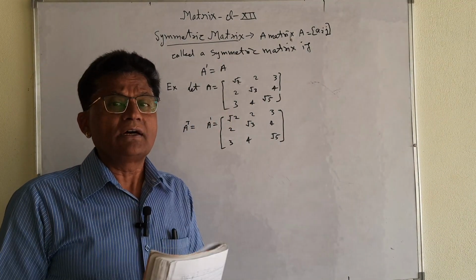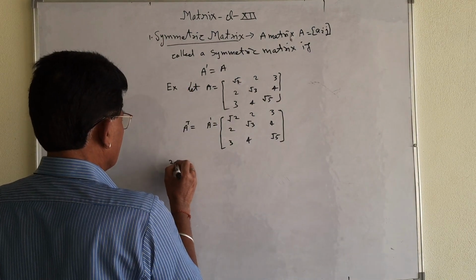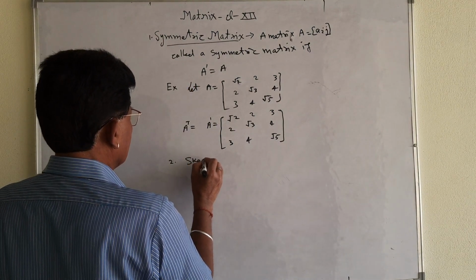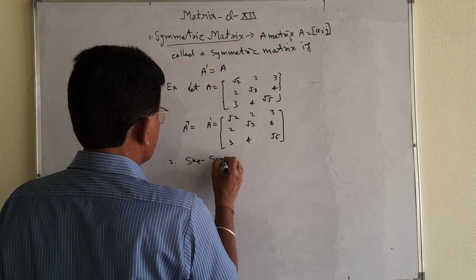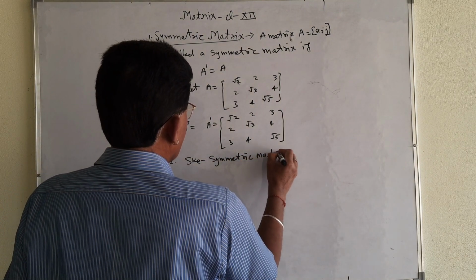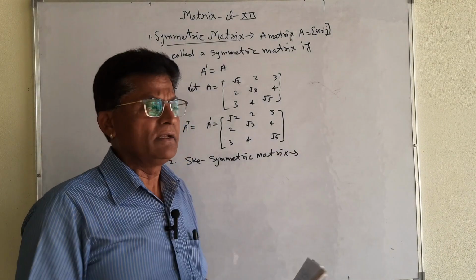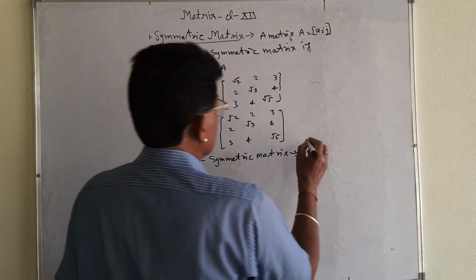Now I will tell you the skew-symmetric matrix. Number two, skew-symmetric matrix. My dear student, I am discussing a very important thing, that is why you must keep it in mind.